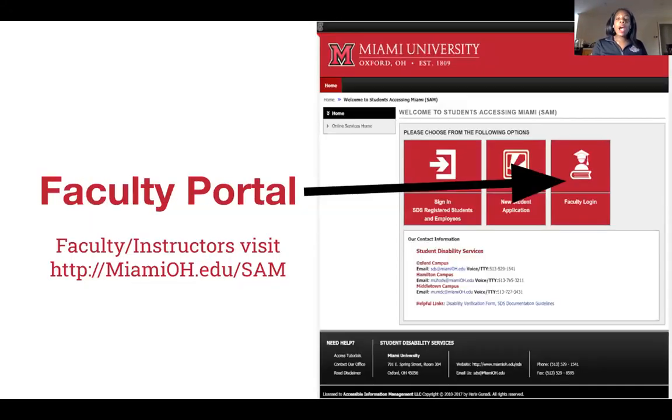So I want to talk about the SAM portal really quickly, and then I will stop here in case there are any questions. There is a faculty portal where faculty can go in and view accommodations for all the students in their classes that have requested them. I just want you to be aware, in your GA or TA capacity, you can be added as an instructor on the course so that you get all of the notifications, requests to take an exam, if someone has extended time, things like that.